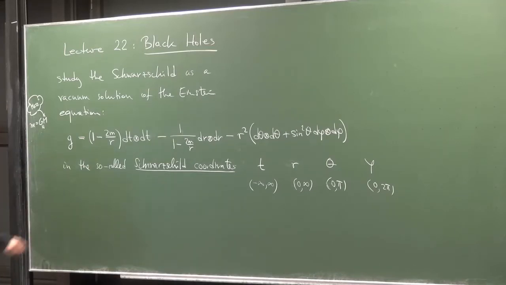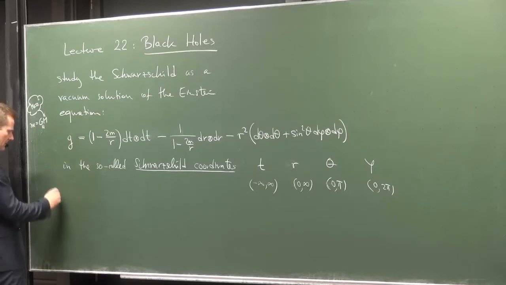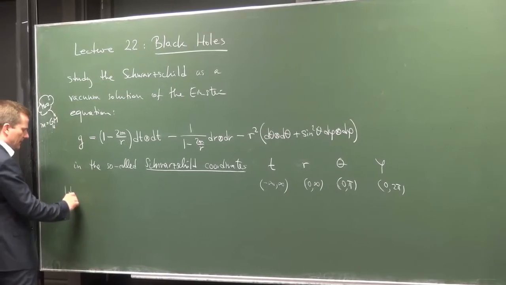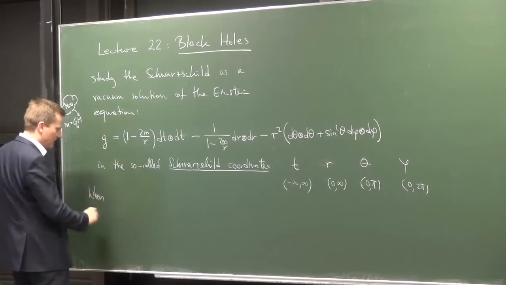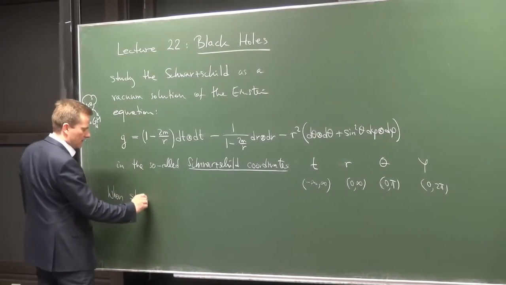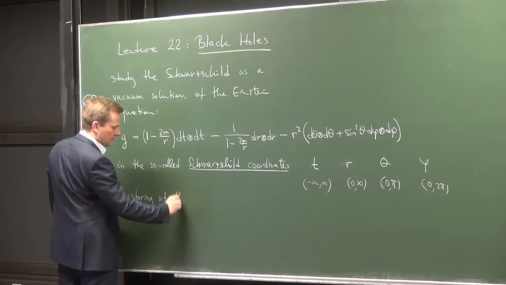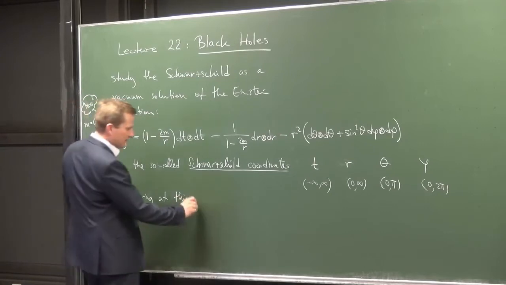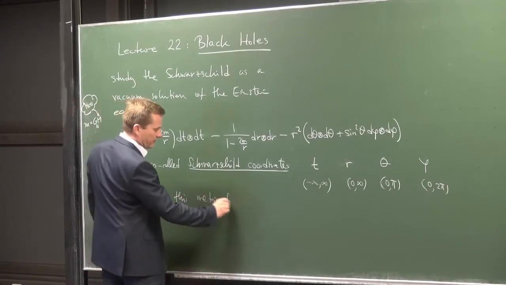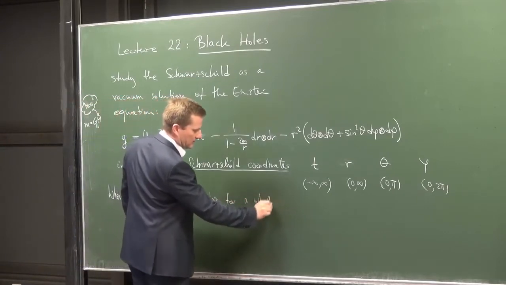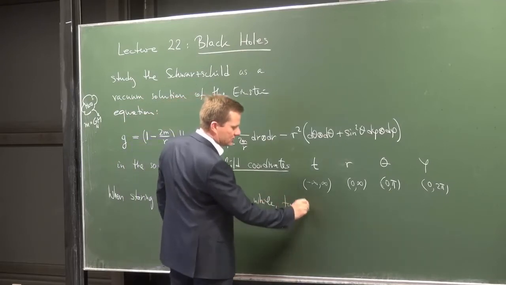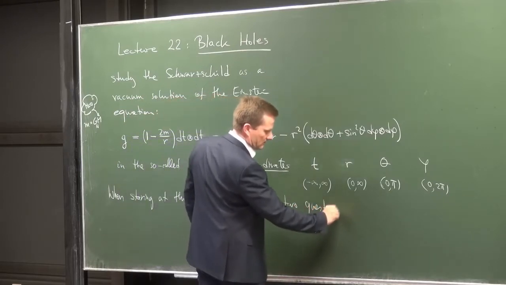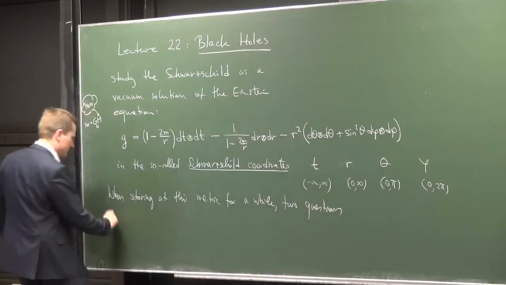So the remark I wish to make is the following. When staring at this line element, or this metric, for a while. Well, that's an important theoretical technique, to stare. When staring at this metric for a while, two questions naturally pose themselves.